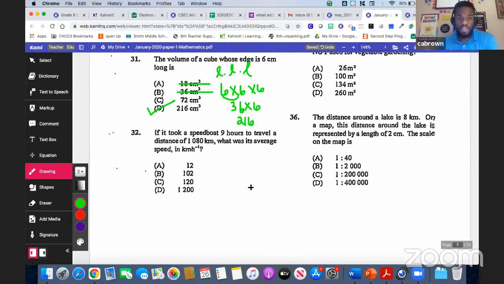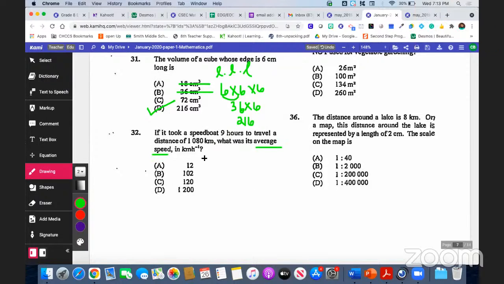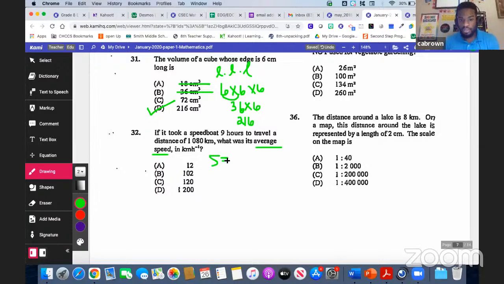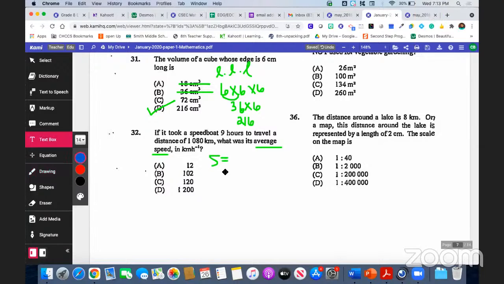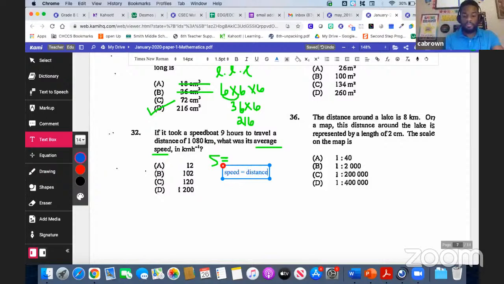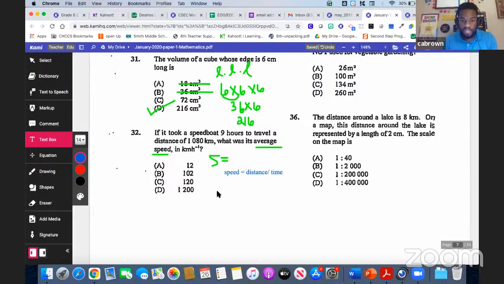32. If it took a speedboat 9 hours to travel a distance of 1080 kilometers, what is the average speed? Remember now, speed equals distance over time. We're given the distance. What was the distance?